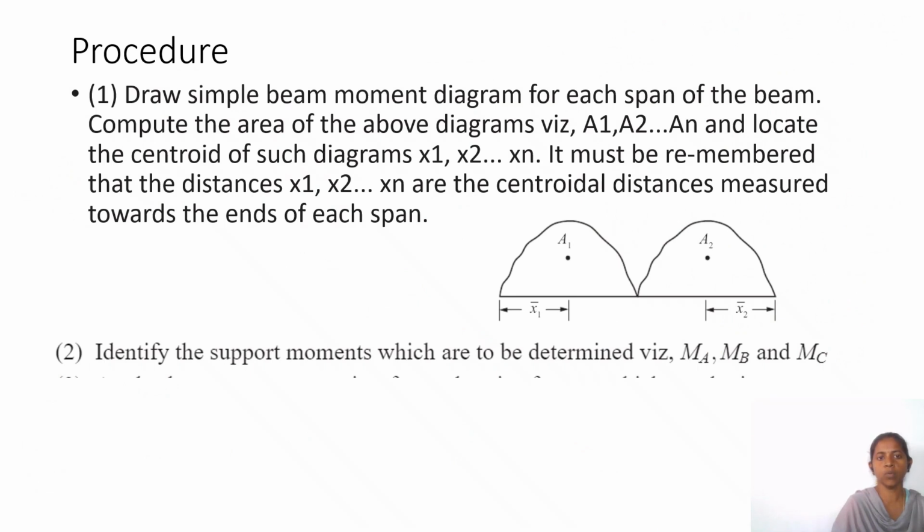The procedure: draw a simple beam moment diagram for each span of the beam, compute the area of the above diagrams, A1, A2 up to AN, and locate the centroid of each diagram, X1 and X2 up to Xn. It must be remembered that the distances X1, X2 are the centroidal distances measured towards the ends of each span.